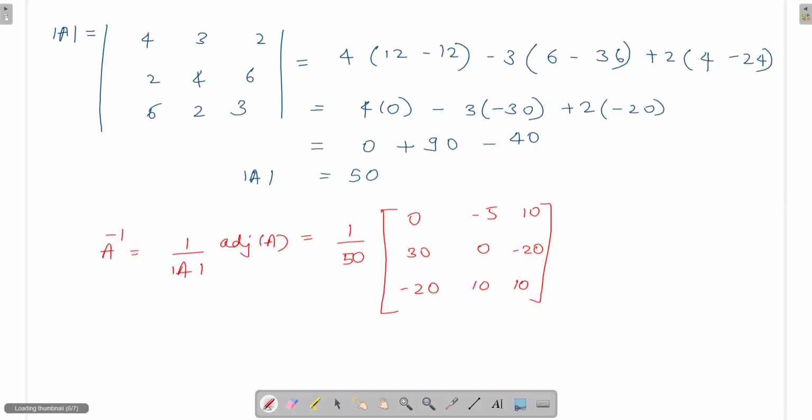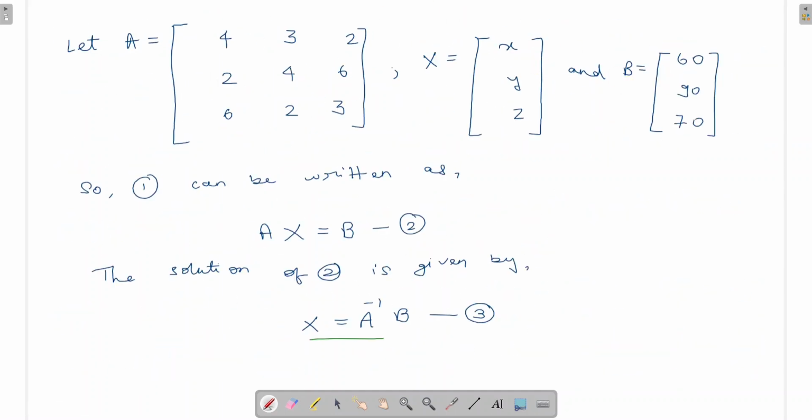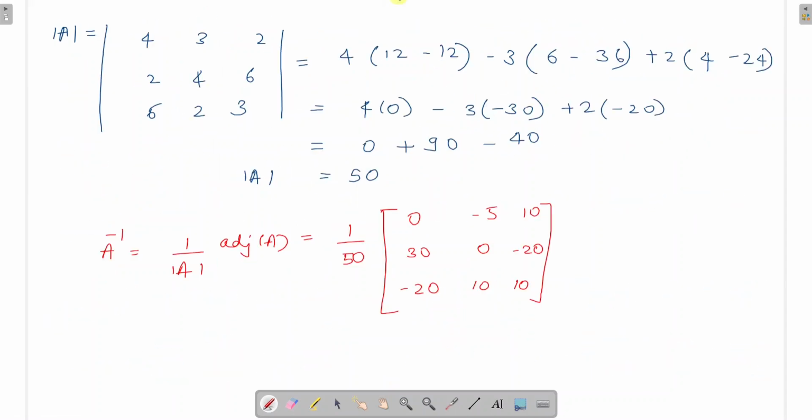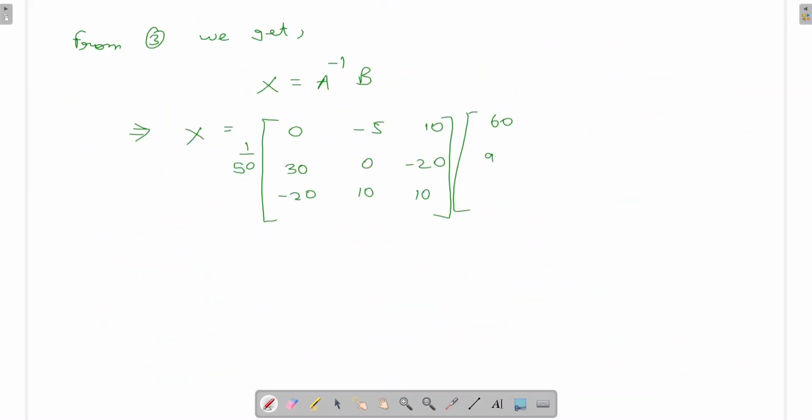B is 60 90 70. So 1 by 50, we have to multiply the matrices. So first row of the first matrix multiplied by first column of the second matrix. So we will get 0 times 60 is 0, minus 5 times 90 is minus 450, then plus 10 times 70 is 700.